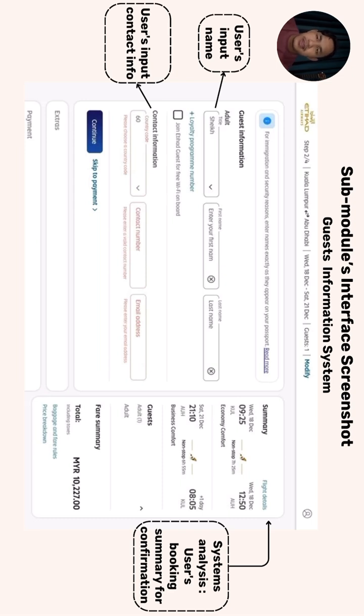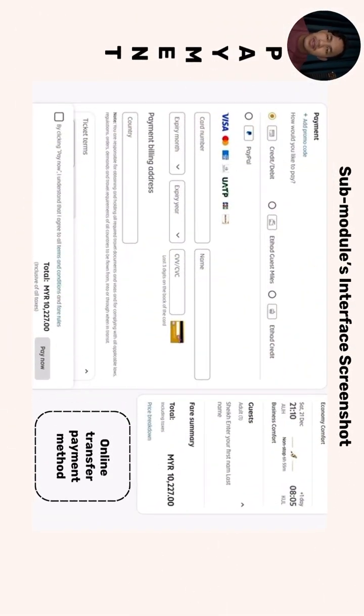The system also shows the user's booking summary for confirmation. Lastly, payment. The user enters their credit card number or debit card number, or the user can choose to use another online transfer payment method.